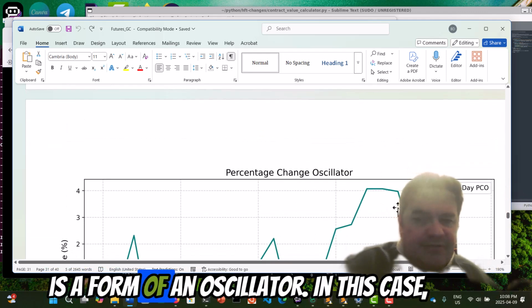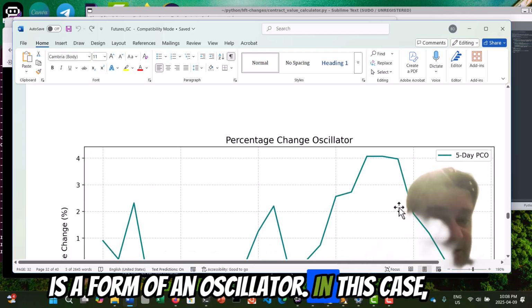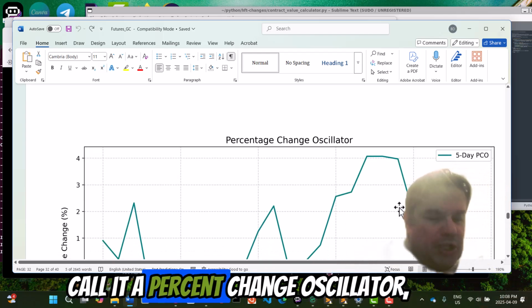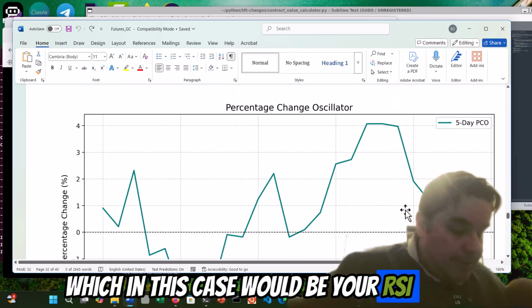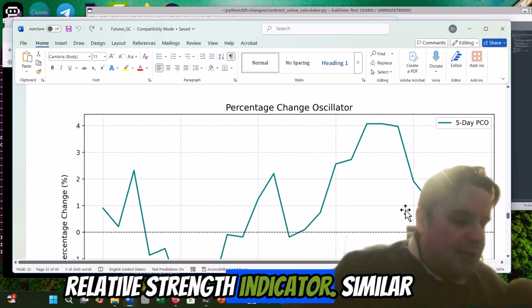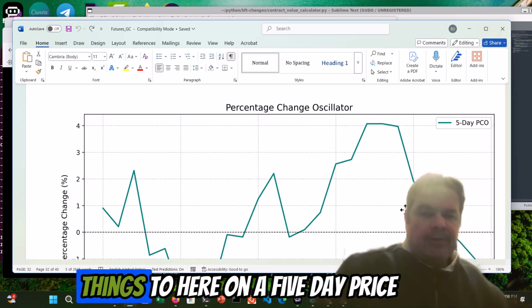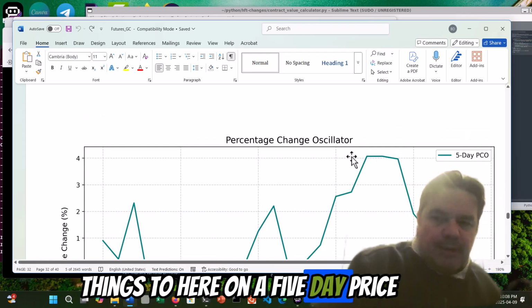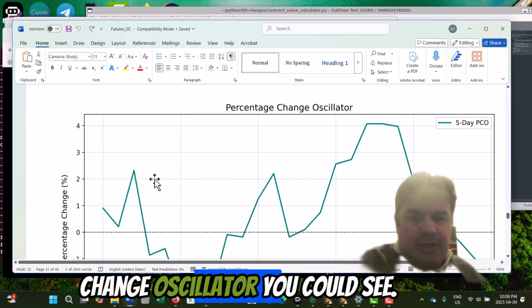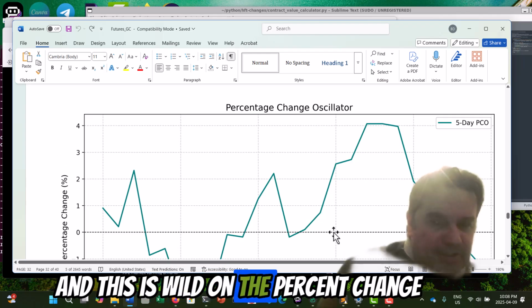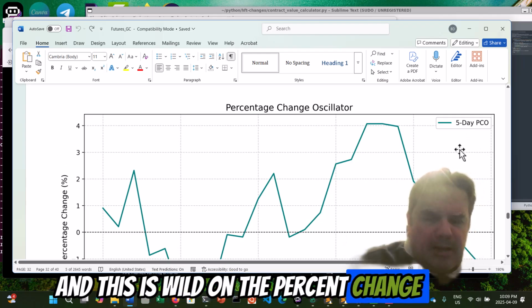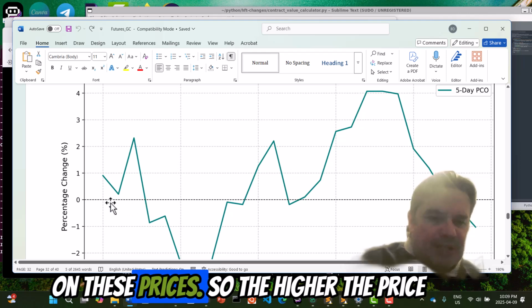The other one is a form of an oscillator, or in this case, call it a percent change oscillator, which in this case would be your RSI, your relative strength indicator. Similar thing. So here on a 5 day price change oscillator, you can see, I mean, this is wild on the percent change on these prices.